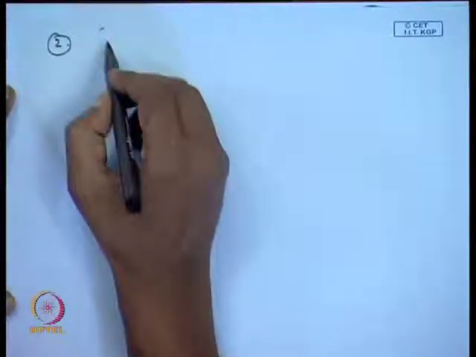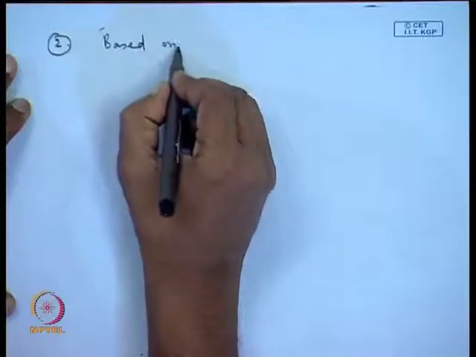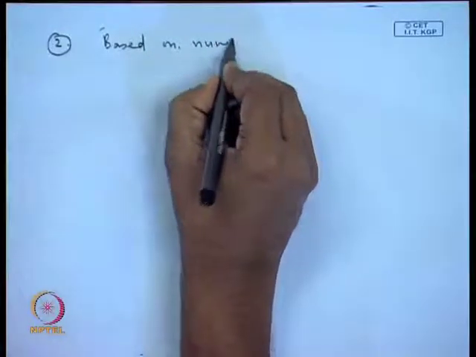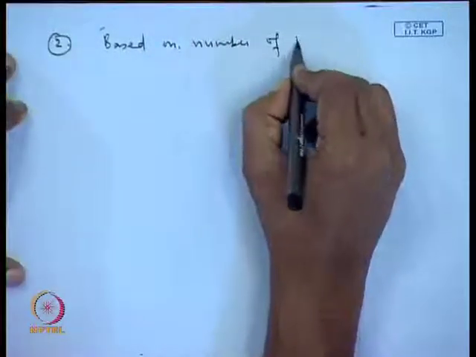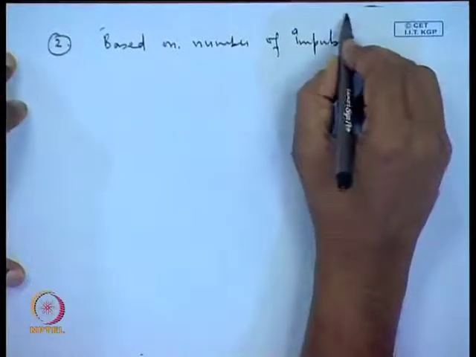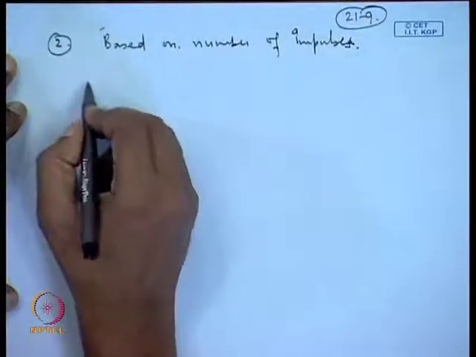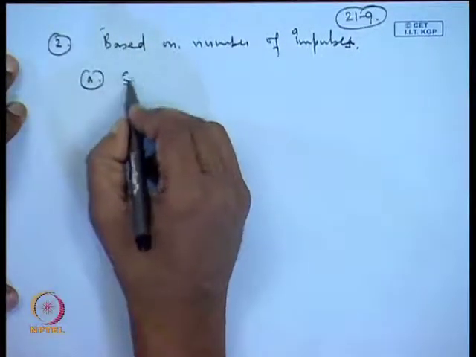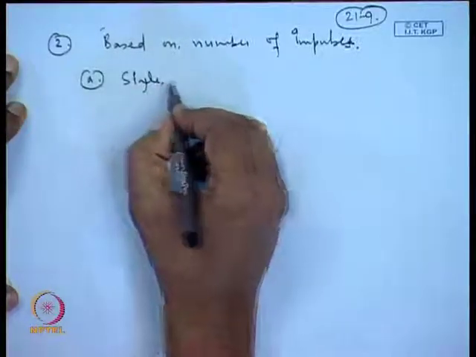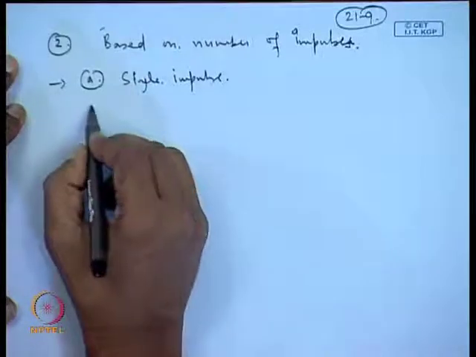The second categorization can be done based on the number of impulses. So, we can have single impulse transfer. This is of course the minimum possible.